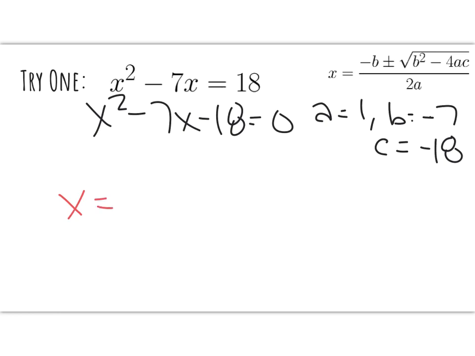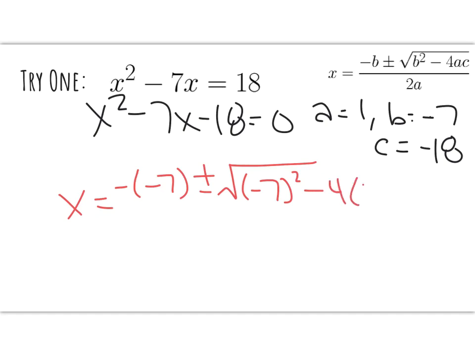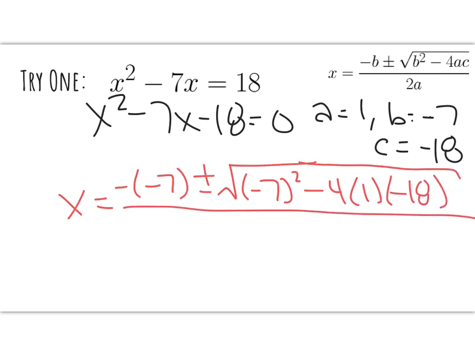That x is equal to negative of negative 7 plus or minus the square root of negative 7 squared minus 4 times a, which is 1, times c, which is negative 18. Big radical, going to simplify very nicely in a moment. Denominator is 2 times a, or 2 times 1.